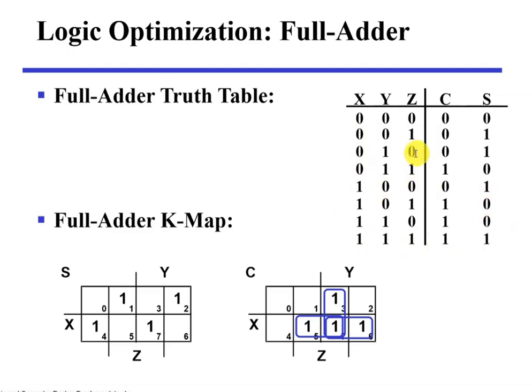Okay, if one of these, or all 3. The C, the carry out, the C output, okay, is a carry of 1 if, as you can see, 2 or 3 inputs are equal to 1.